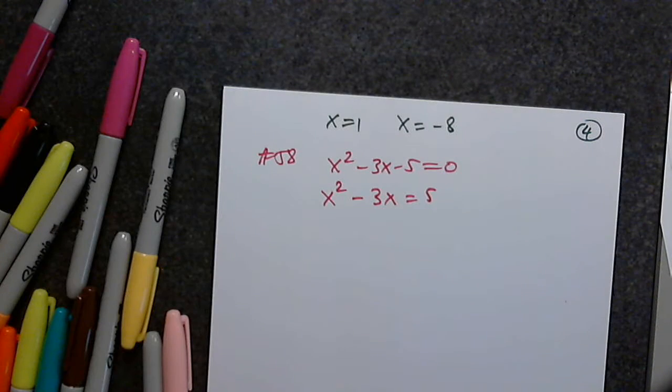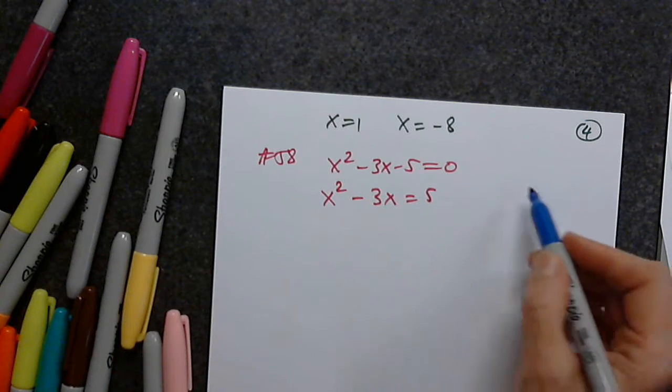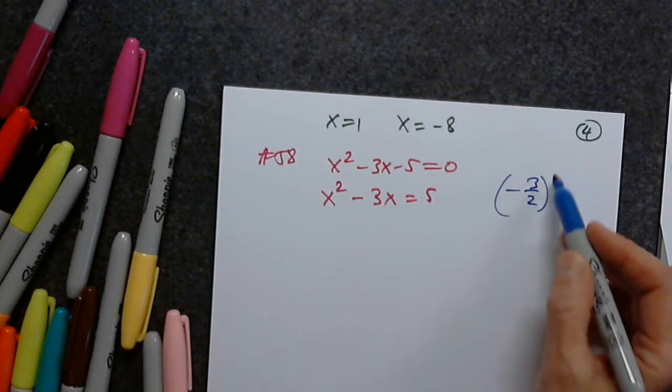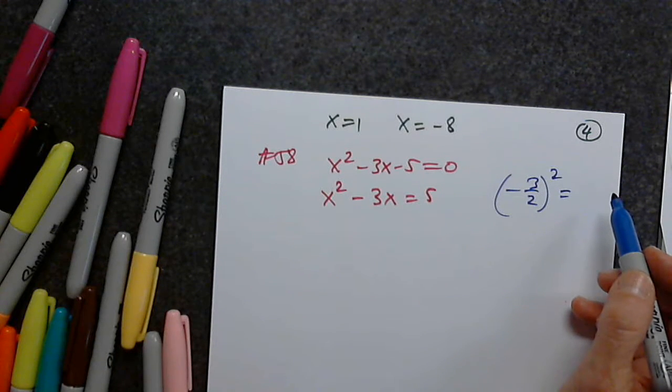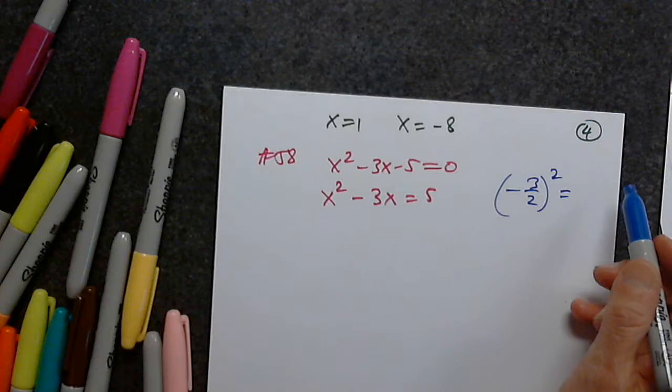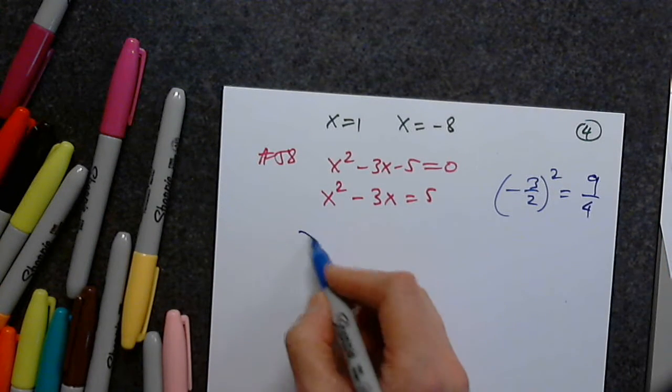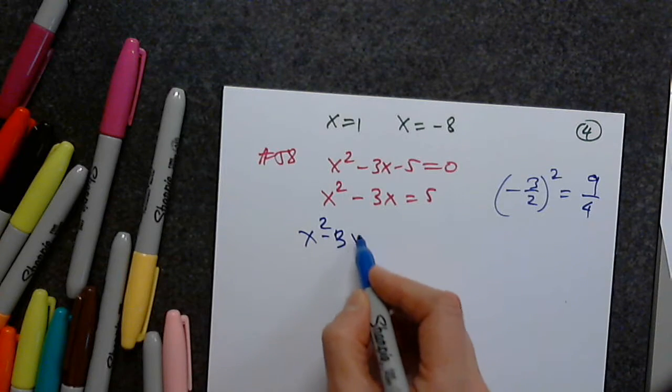Negative 3 over 2. Let's square negative 3/2. How much? 9/4. Very good. This is what we have to add to both sides.